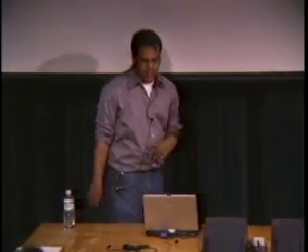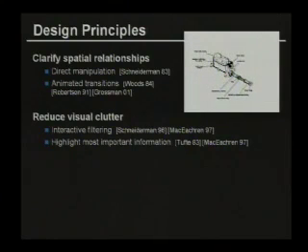So first, the design principles. As we saw, direct manipulation can help clarify how the parts fit into one another. And the animated transitions allow you to bypass the whole mental reassembly. You're showing directly how these things fit. The other thing is that you can reduce visual clutter, right?